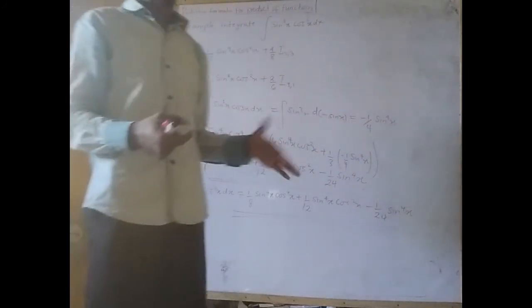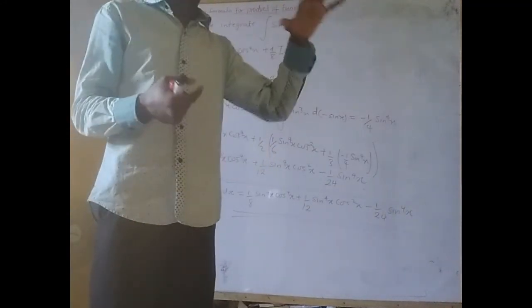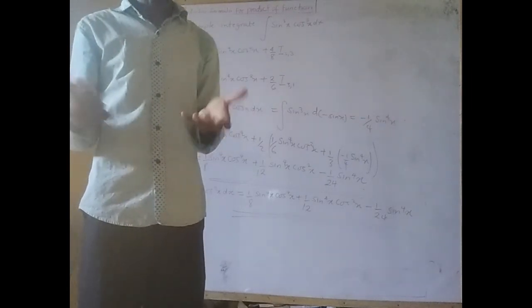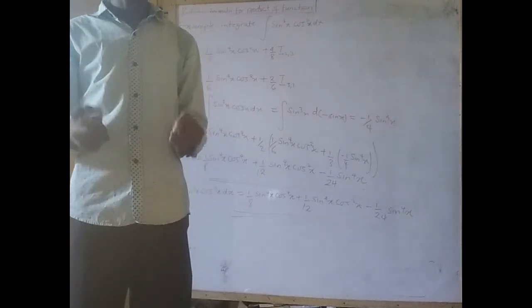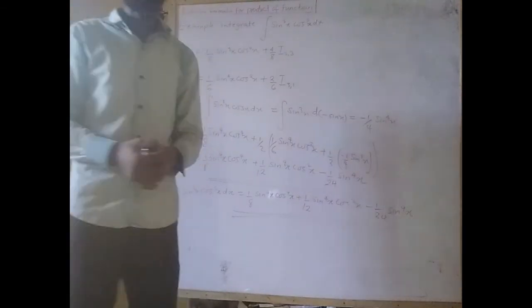But what if it has upper and lower bound, that is definite integral? Then we are going to apply what is called Wallis formula. The next thing we are going to do is Wallis formula.